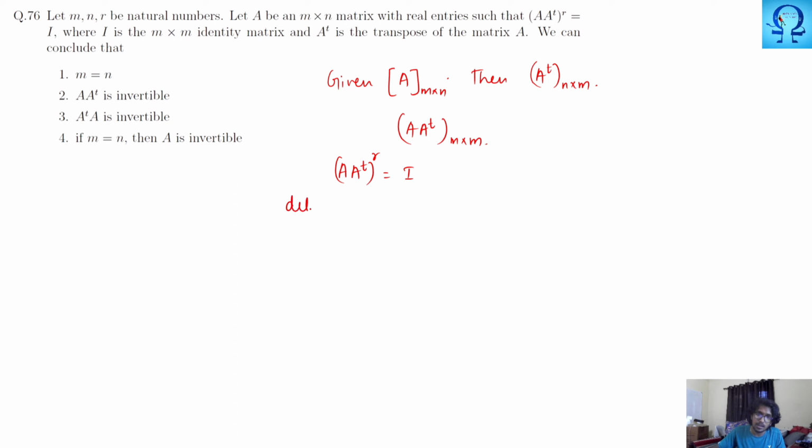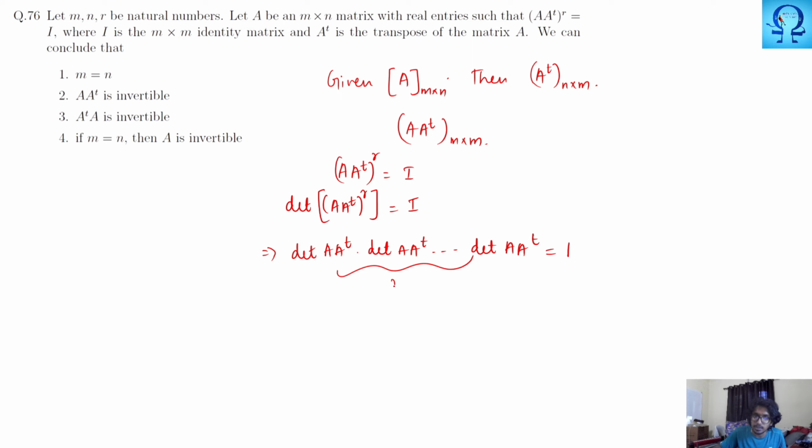And when we take the determinant of this quantity, it is identity. This may be written as, since A transpose is a square matrix, determinant of A transpose multiplied with determinant of A transpose till determinant of A transpose is equal to 1.